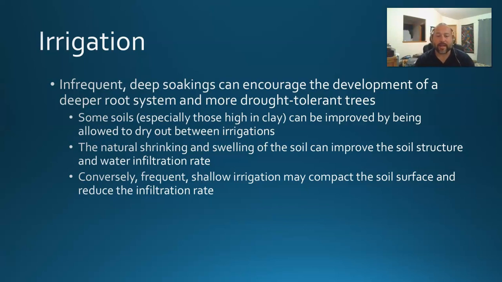The natural shrink swelling of that soil can improve the soil structure and the infiltration rate. And then the inverse of that, frequent shallow irrigation can compact your soil and reduce the infiltration rate. It really depends on your area, site, and species. Specifically, what is it that you got planted here, and what does it like, and what should be planted here?